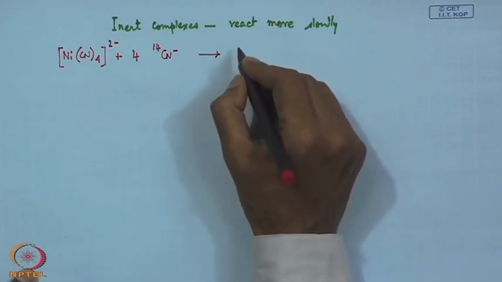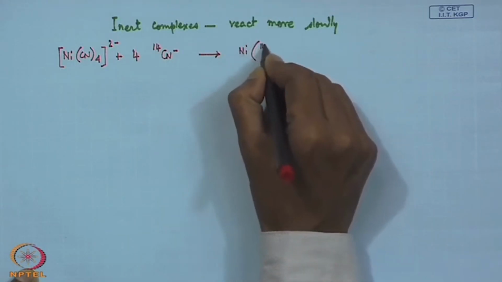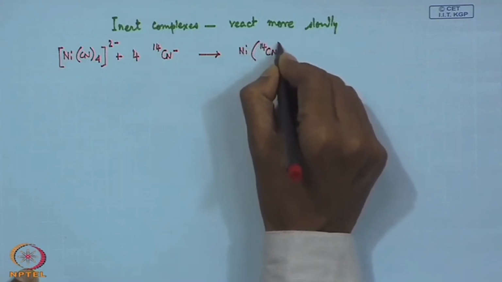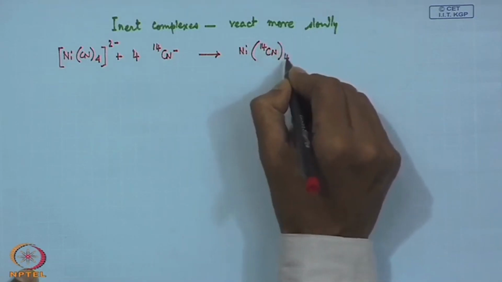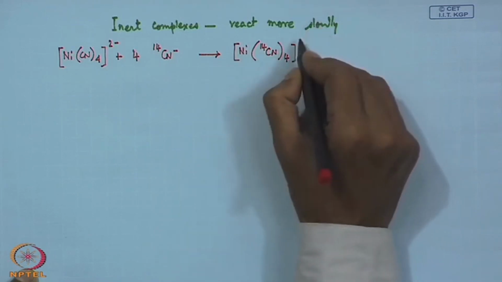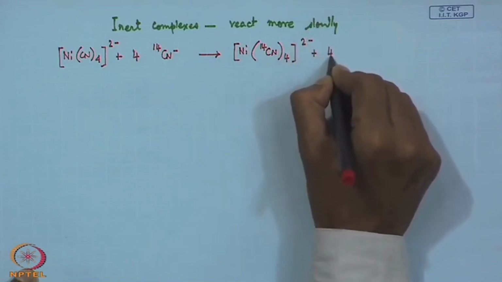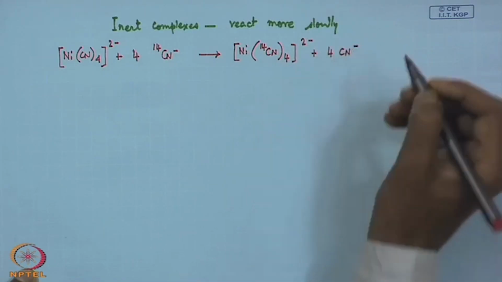So with this, what we will find is that this substitution by the radio labeled cyanide can take place, but more slowly, with the elimination of 4 normal cyanide.